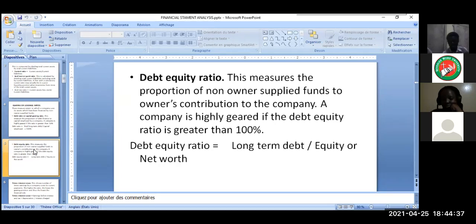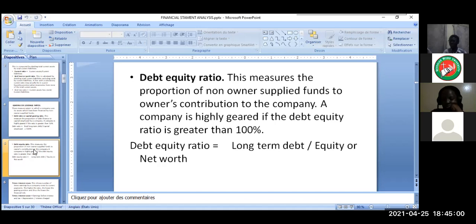Otherwise, we tackle debt equity ratio, which measures the proportion of non-owner supplied funds to owners' contribution to the company. A company is highly geared if the debt equity ratio is greater than 100%.